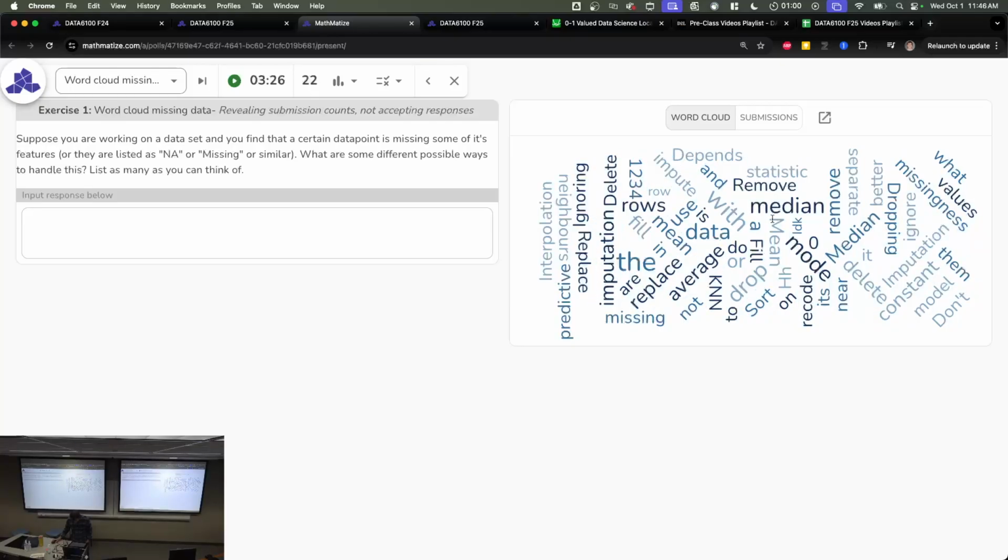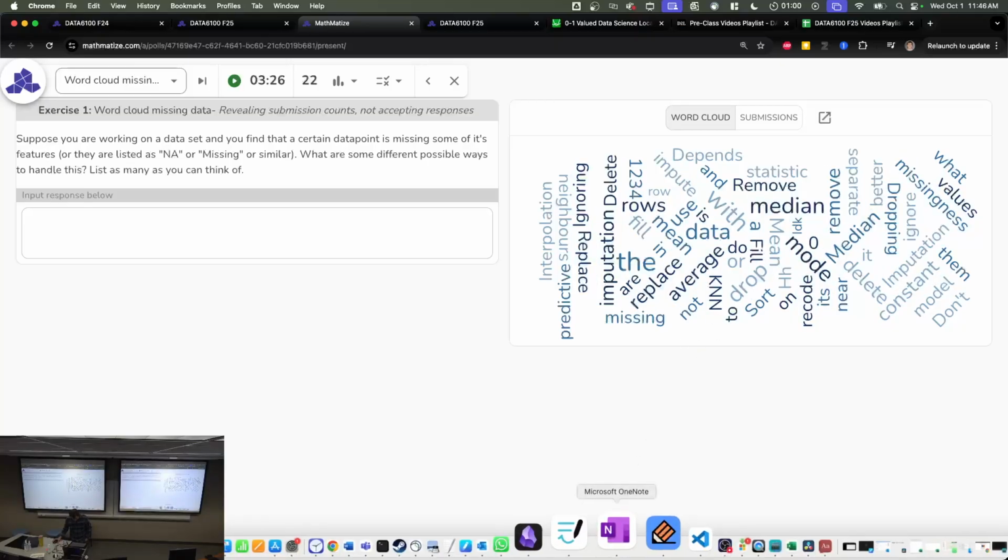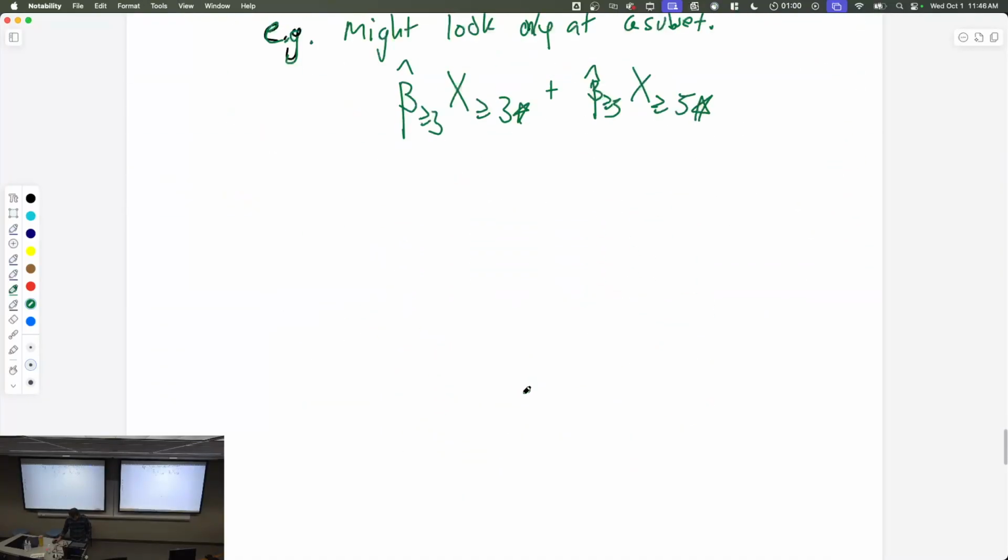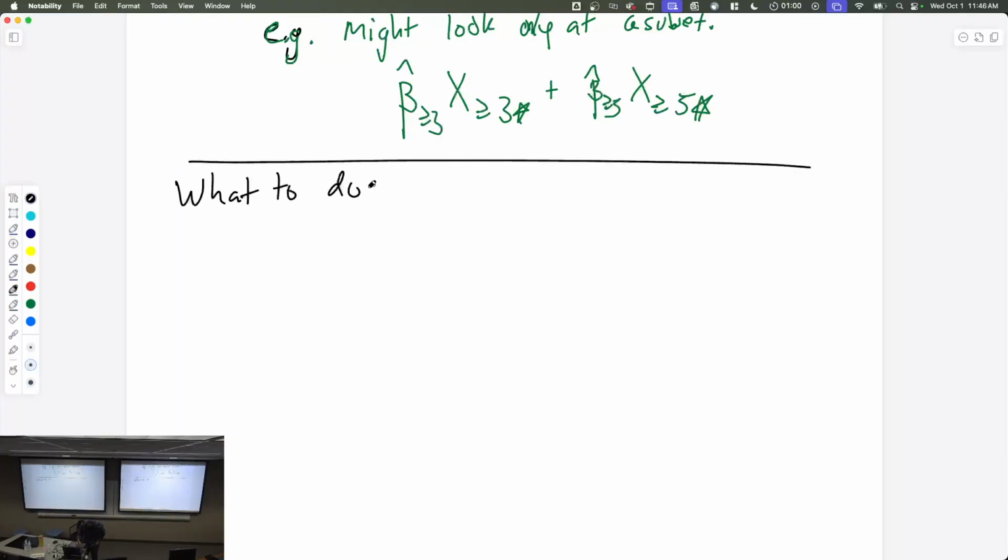So lots of replaces. And there's numbers like mean, median, mode. And these are different things you can replace with. So this is a common thing you can do, which is to just replace the data with the mean. So what to do with missing data: many options.